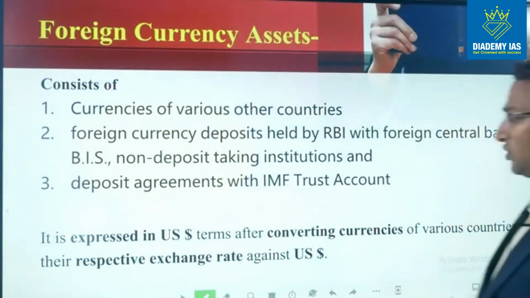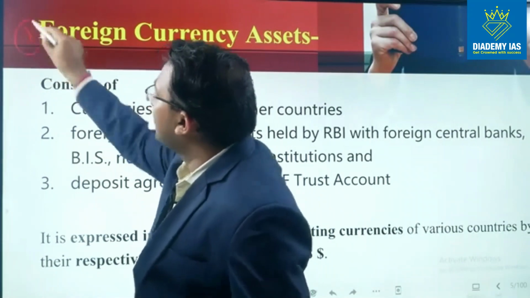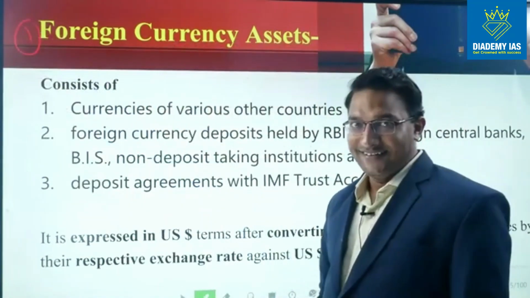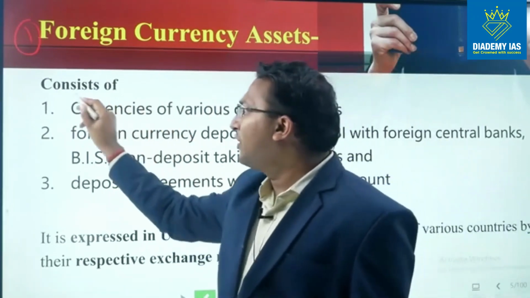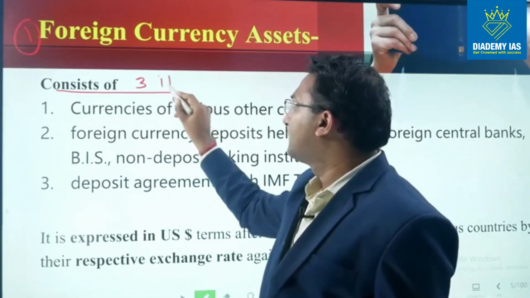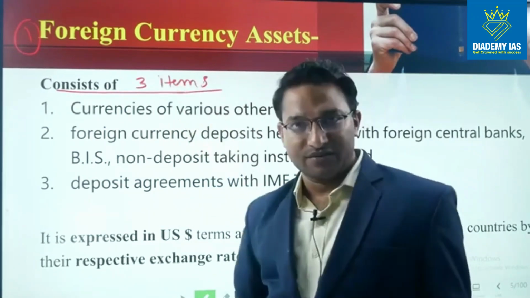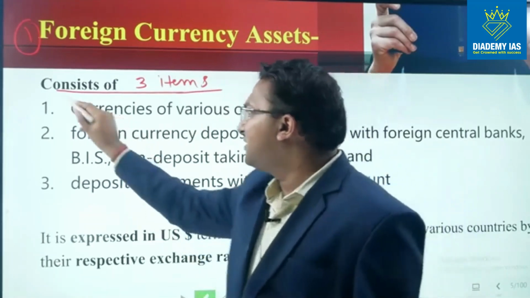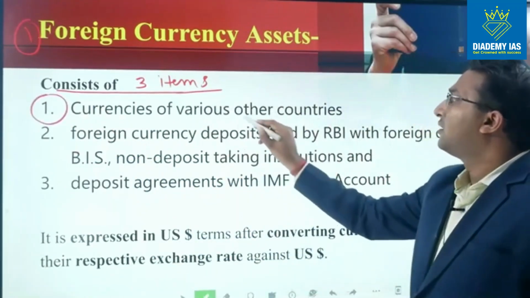Now coming to the first item. The first item is foreign currency assets. So what are the components of the foreign currency assets? This foreign currency assets consist of three items. What are these three items? The first item is the currencies of various other countries.